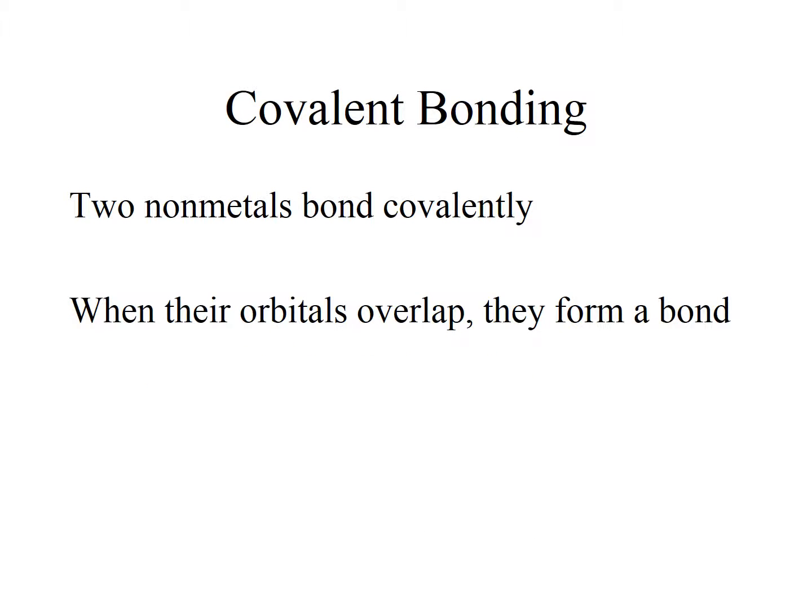Covalent bonding is when you have two nonmetals bonding. They're so close in their characteristics that one atom cannot take electrons from the other. So they end up sharing electrons. Their orbitals overlap and then they form a bond.